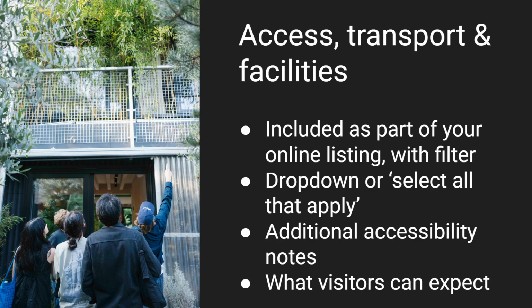That's the kind of thing you'd want to share here in the additional accessibility notes, because we know that even the most accessible of buildings, in lots of cases there will be areas that are not accessible, for example for someone who uses a wheelchair. So if you've got those complexities in your own space, please do take this opportunity to mention that here.